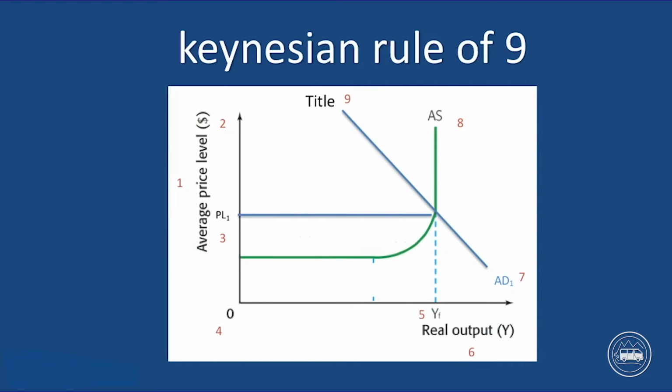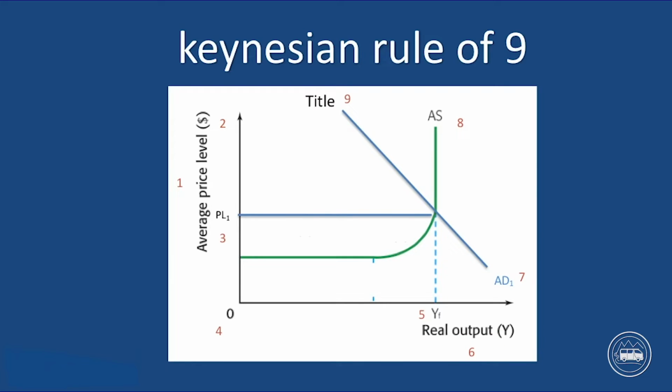Now let's clean that up a little bit. And what I did to make it look all nice and cute is, better said, what changed on this diagram is right here in real output. And that's just to show you that you could have real GDP here, or you could have real output, you could have national income, okay?